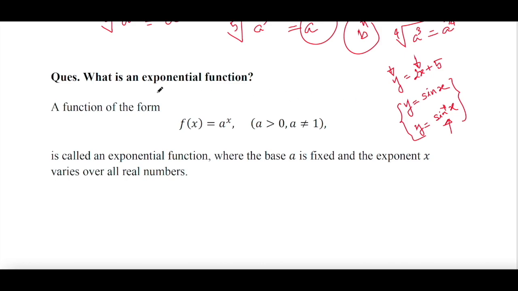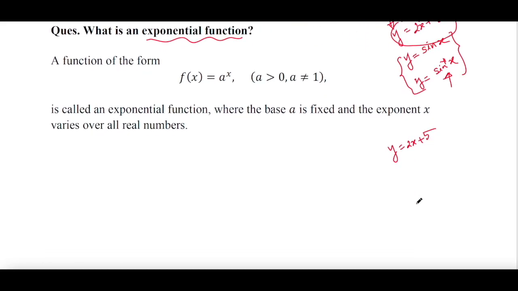So similarly, what is an exponential function? In this video we want to know the exponential function. As we know, y equal to 2x plus 5, or y equal to x plus 5, is an algebraic function.